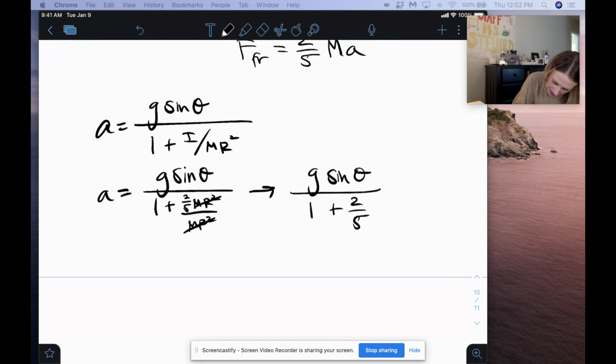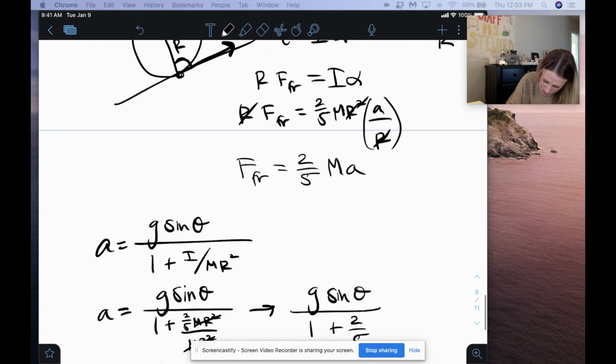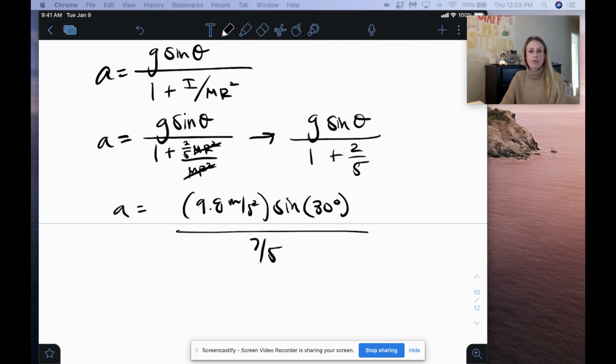So we end up getting acceleration equals g, which is 9.8 meters per second squared, times the sine of the angle, which the angle of the ramp was 30 degrees, over 7/5, which if we are dividing by 7/5, really what we're doing is multiplying by 5/7. So I'm going to multiply this whole thing by 5 and then just divide by 7 here just to make it a little cleaner.